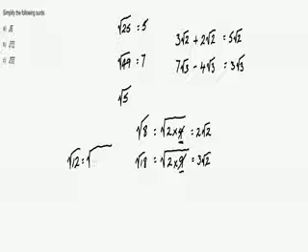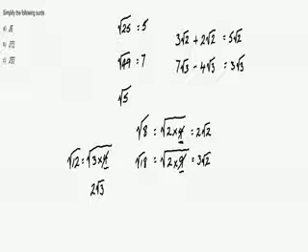But I do know that the root of 3 times 4, because I'm looking for a square number, will give me 12. And I know the root of 4 is 2. So I have 2 and root 3 is left inside. Okay.